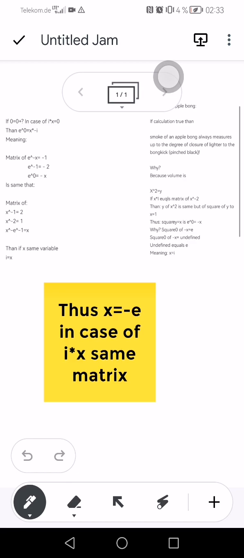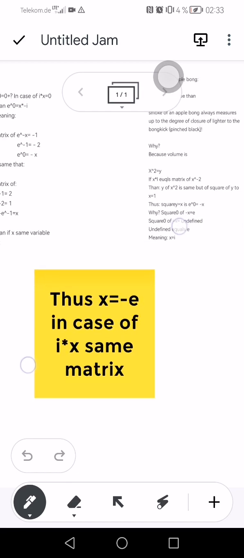Now, why are the matrices by this pattern proved to be the same, but also same of calculation, thus x equals minus e in case of I times x is the same matrix?